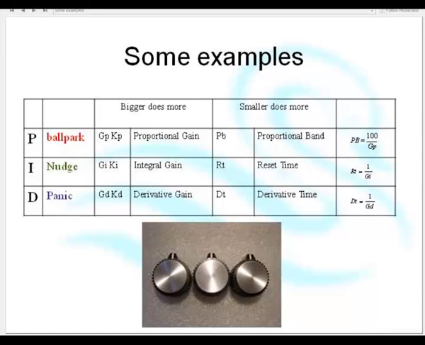The sort of equations that typically PLCs use, proportional gain, reset time, and derivative time. The equations that we're going to be using will calculate proportional gain, reset time, and derivative time. If your PLC uses an integral gain or a derivative gain or proportional band, you have to do the conversion.